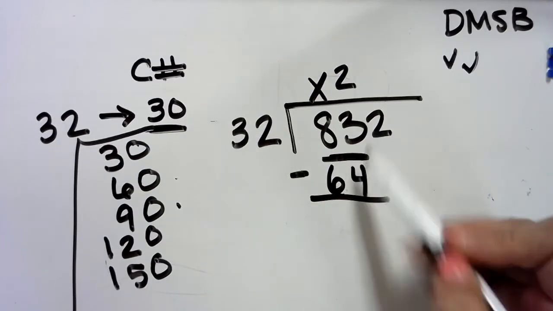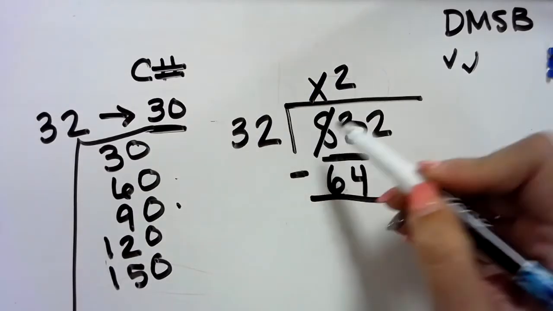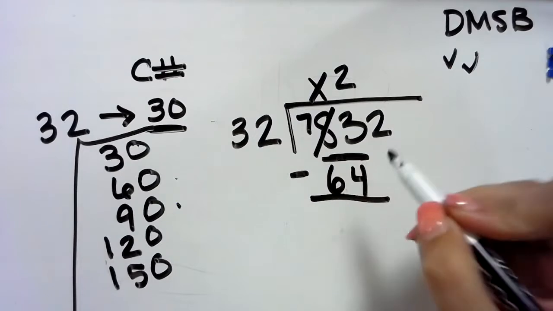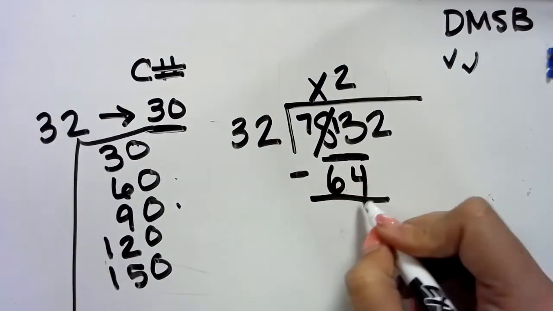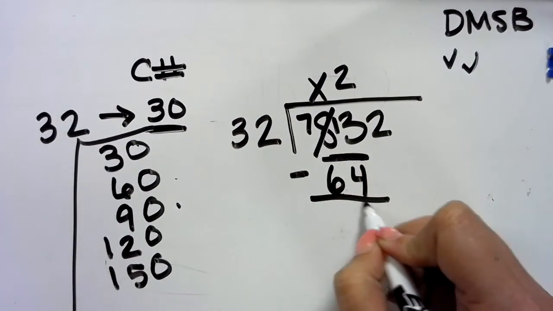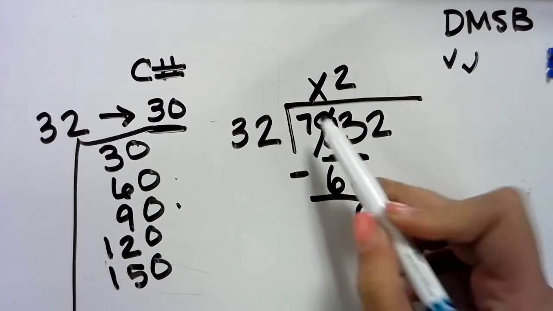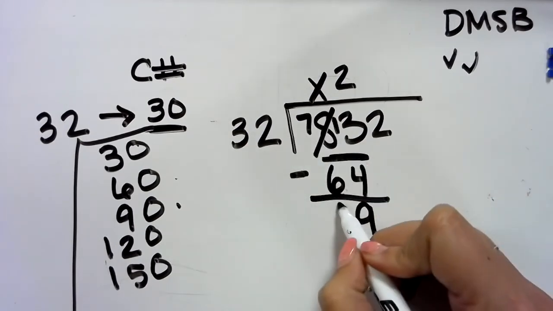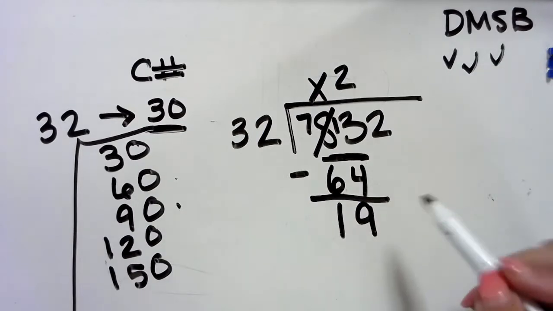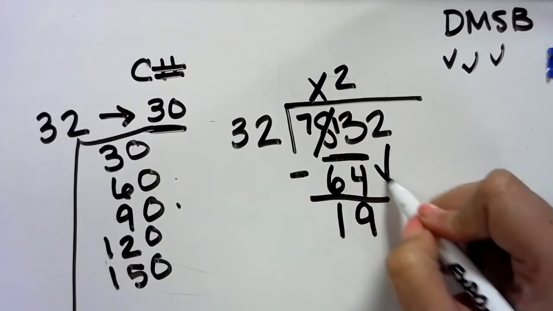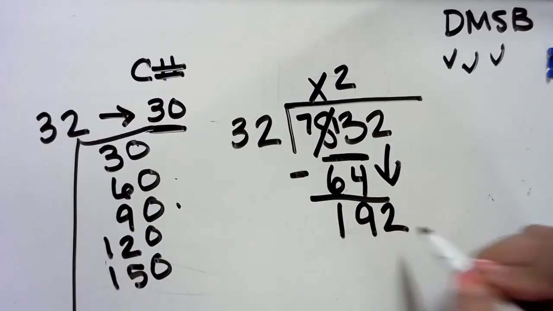I can't take 4 away from 3, so I borrow. This 8 becomes a 7, and this becomes a 13. So 13 minus 4 is going to give me 9. 7 minus 6 is going to give me 1. So I subtracted. Now I need to bring down the 2.